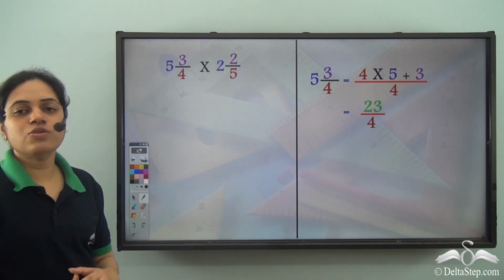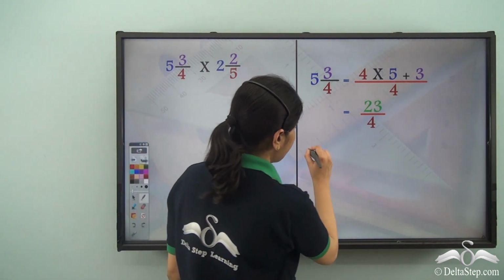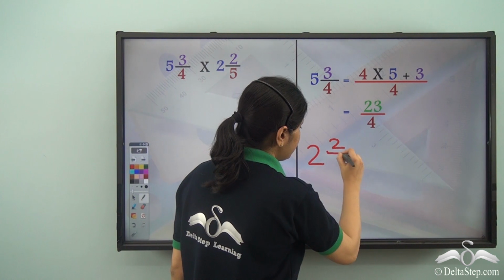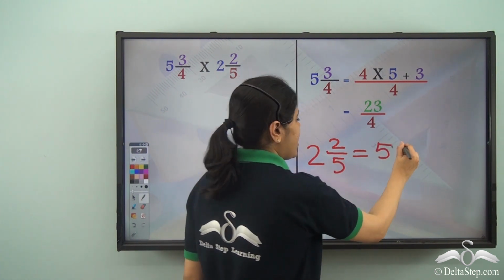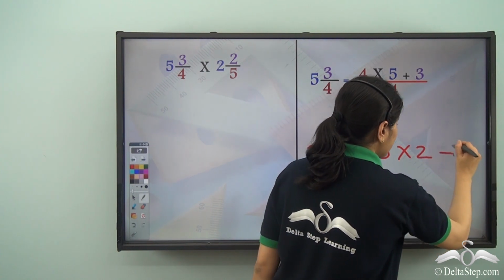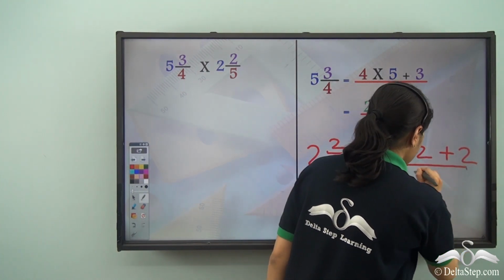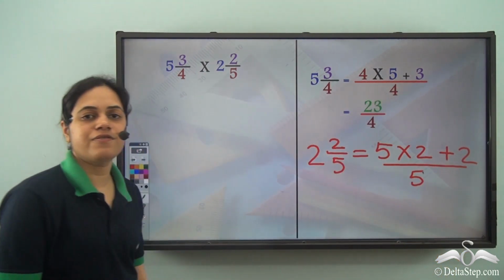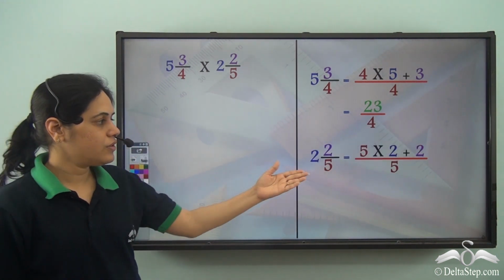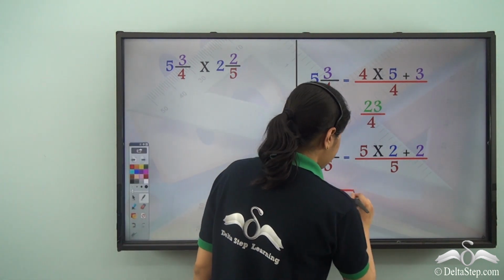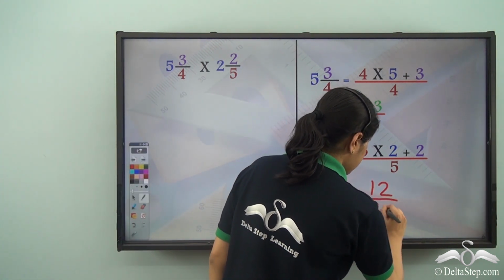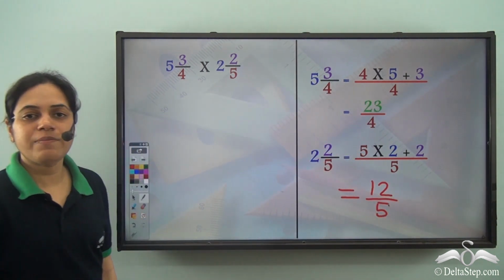Now, I also need to convert 2 2 by 5 into an improper fraction. 2 2 by 5 is equal to (5 into 2 plus 2) by 5. 5 into 2 is 10. 10 plus 2 is 12. So, this is 12 by 5.